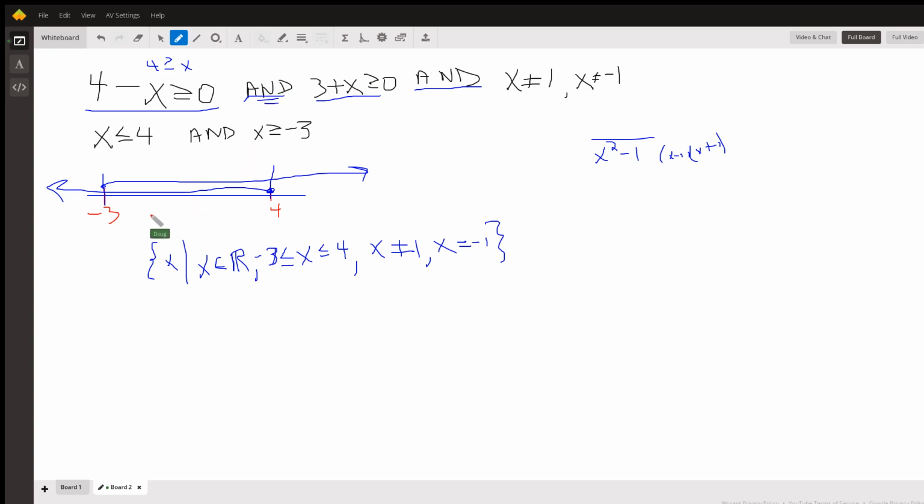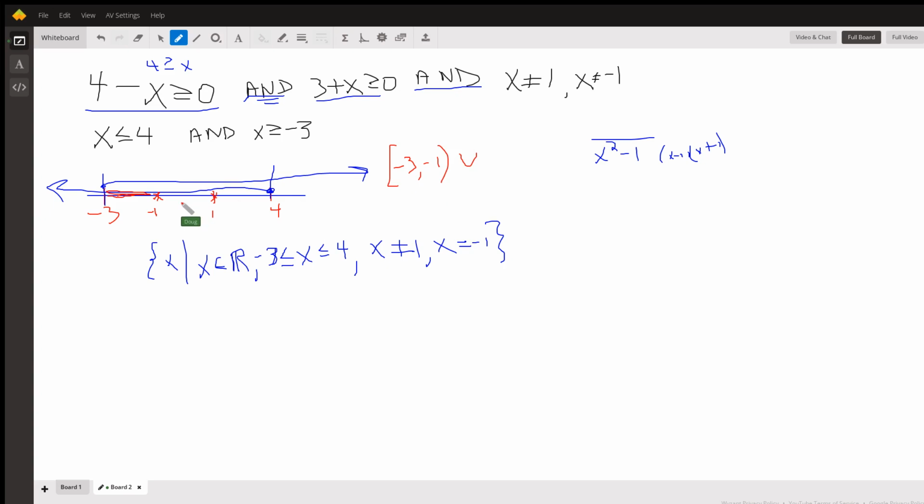So we make note of the fact that at -1, we can't include that number. And at 1, we can't include that number in the domain. So if you want to use interval notation, we have to specify this set of numbers from -3 up to -1, not including the -1.